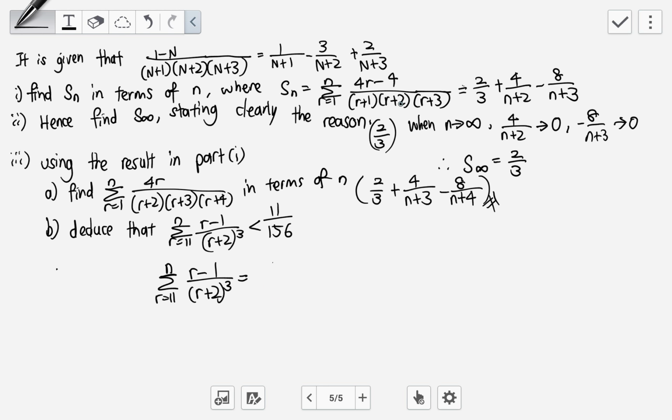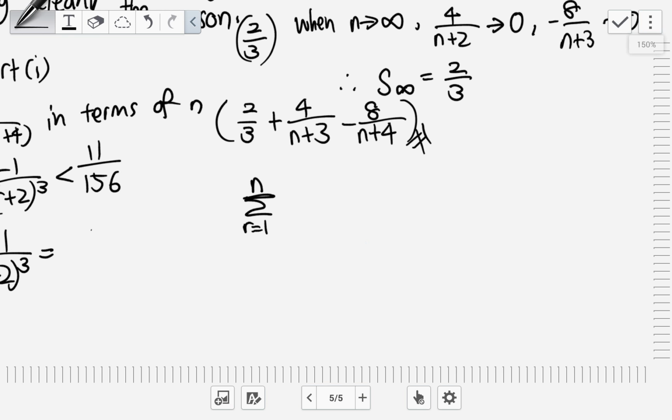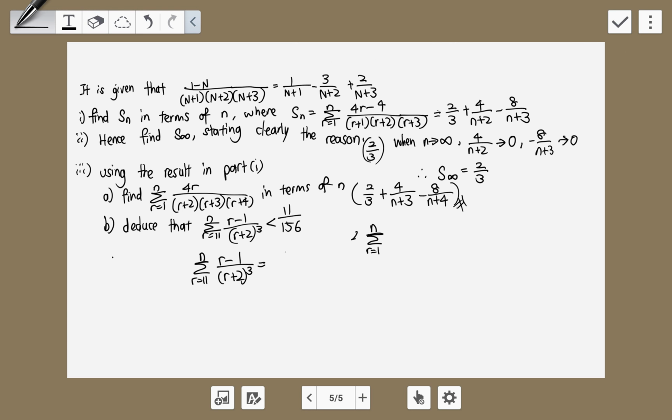Okay, using the earlier result, I recognize that 4r minus 4 is 4 times r minus 1. So I change it to something similar. How about this? I know that r equals to 1 to n, r minus 1 over r plus 1, r plus 2, and r plus 3.